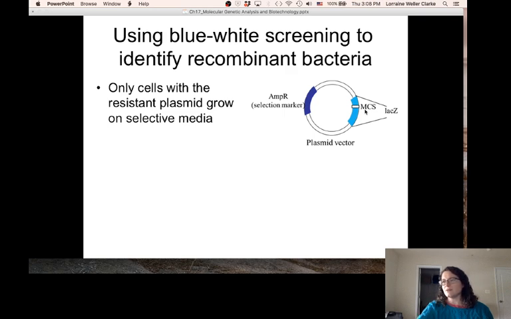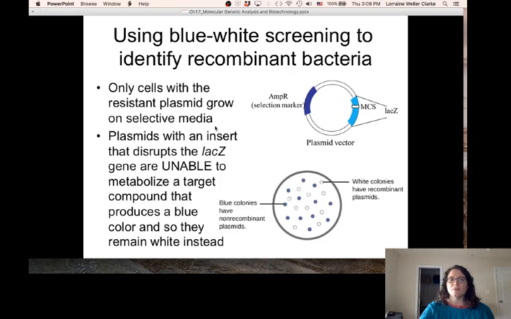Sometimes when you're creating the recombinant plasmid, it doesn't become recombinant. It won't pick it up. So you have this lacZ gene that has these sites that can be cut. Only cells with the resistant plasmid grow on selective medium, and now you have to find the recombinant ones.